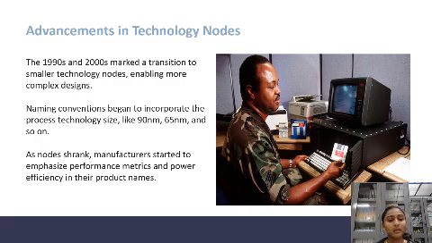Naming conventions began to incorporate the process technology size, like 90 nanometer, 65 nanometer, and so on.